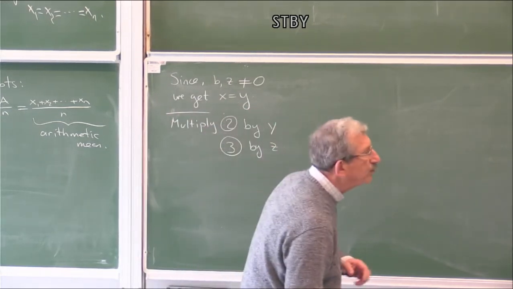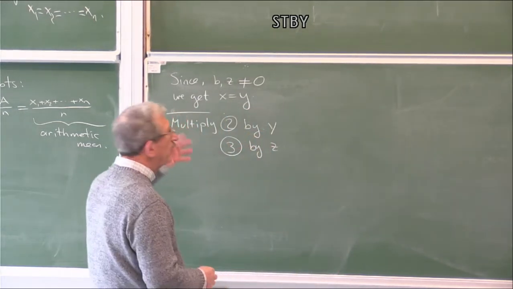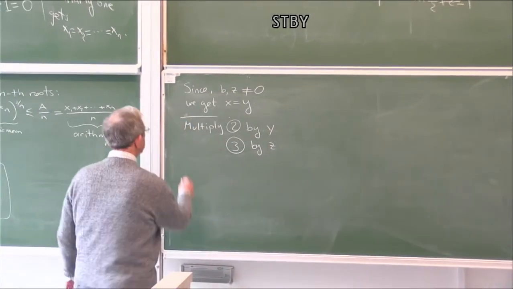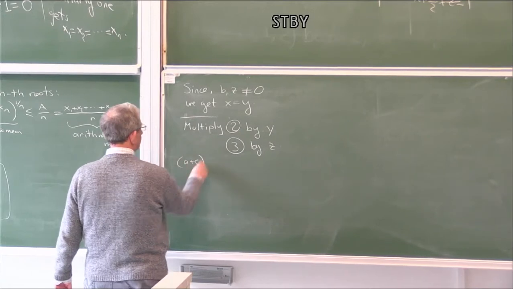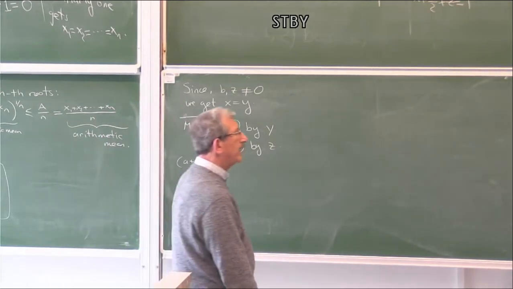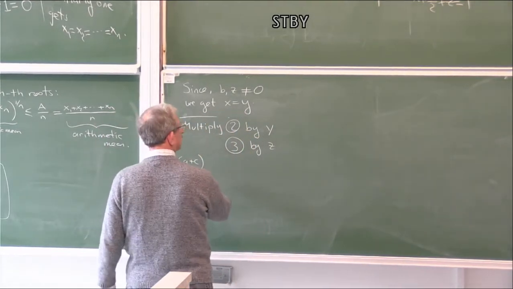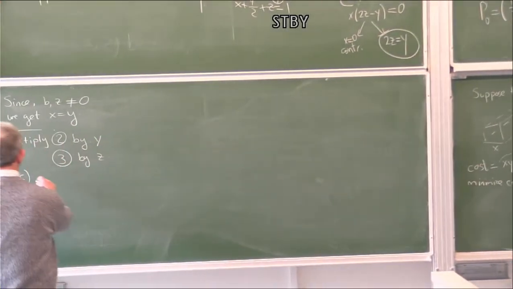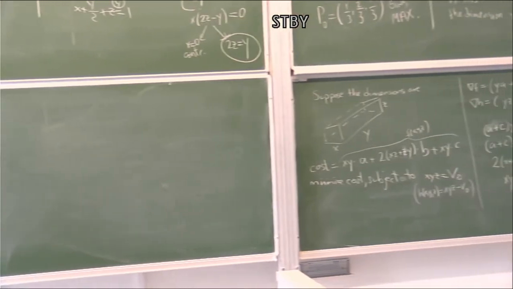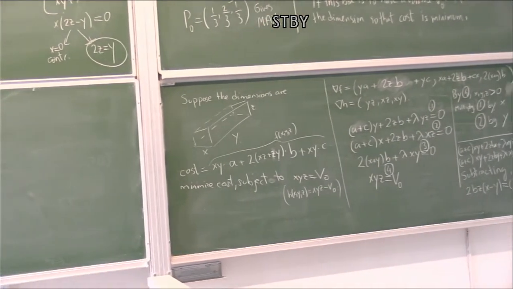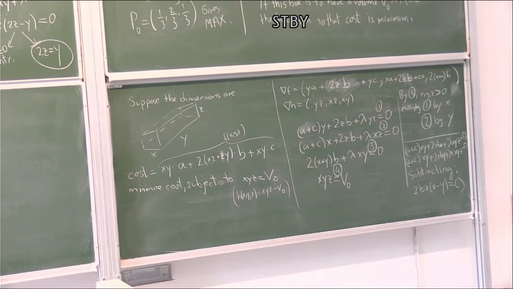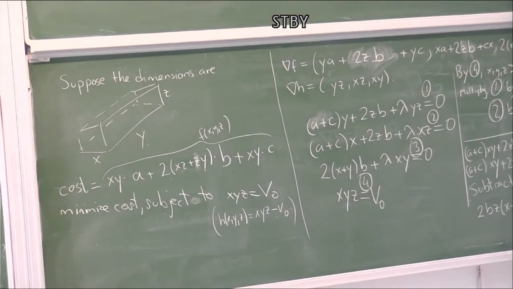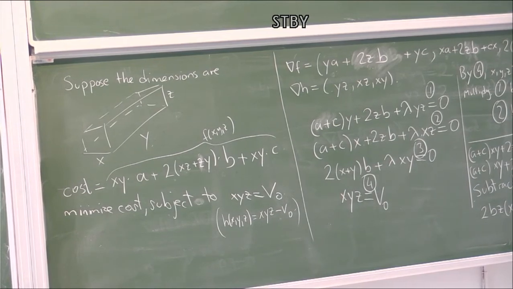We already used 1 and 2. Now we are using 2 and 3. So 2 gives us (a plus c) multiplied by y, so it is xy, plus, we already did this, 2byz plus lambda xyz is 0.